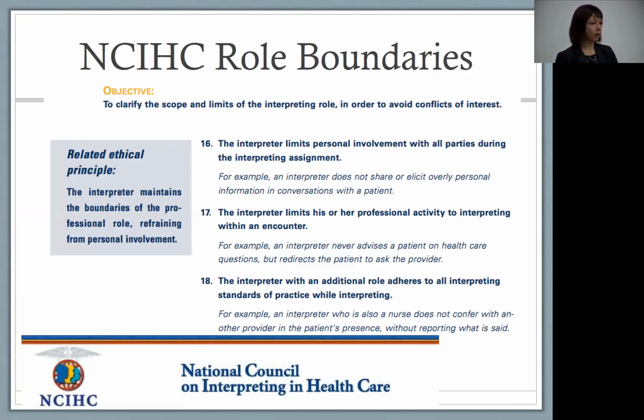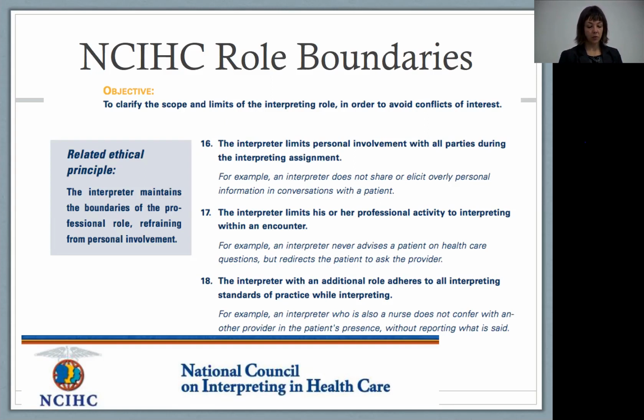Role boundaries is how you define yourself vis-a-vis people asking you to do things, most of the time. Sometimes you want to do it as well, but it's really the external front of things, right? So it's how do you separate yourself professionally from this person, from this group of people, in a way that's professional, in a way that doesn't ruin the relationship or the rapport, but that you don't have all the negative consequences of not having the role boundaries.